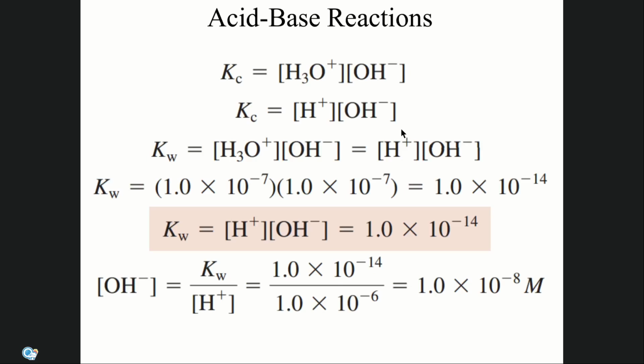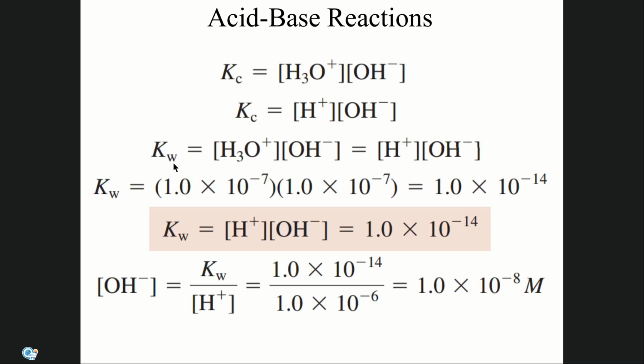To indicate that the equilibrium constant refers to the auto-ionization of water, we can replace this K with K w, like K of water. It is called the ion product constant, which is the product of the molar concentrations of H plus and OH minus ions at a particular temperature.